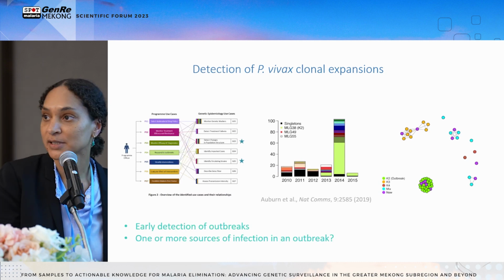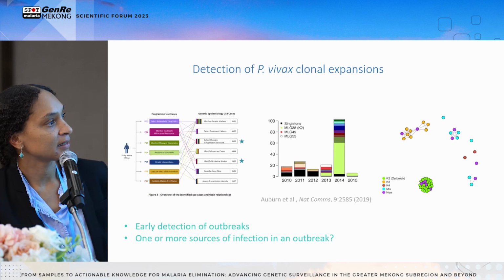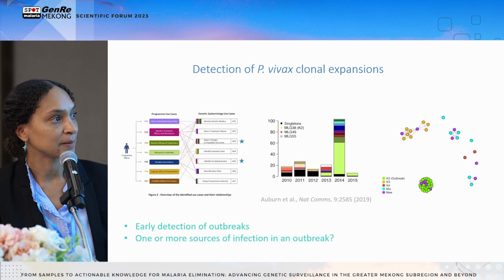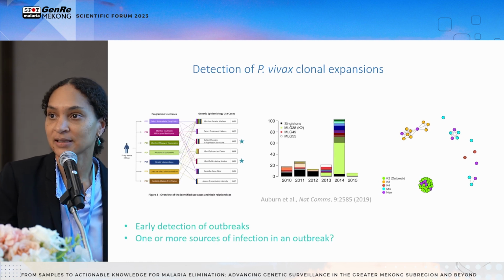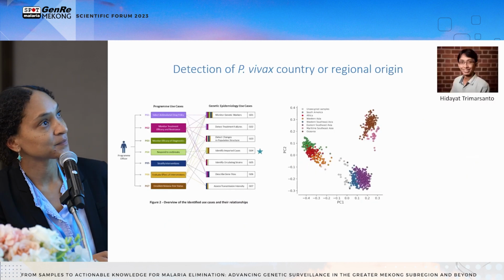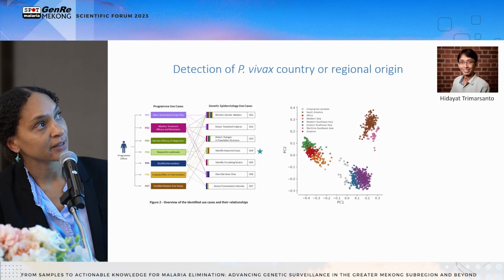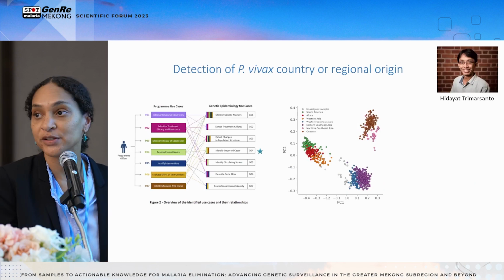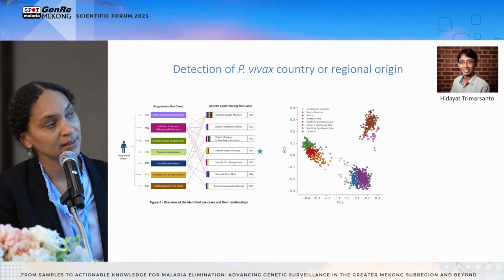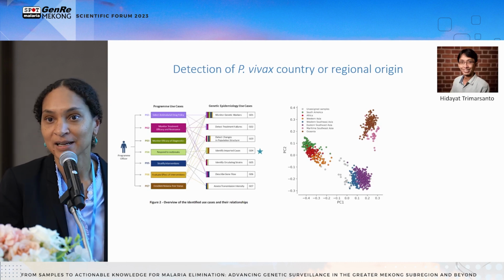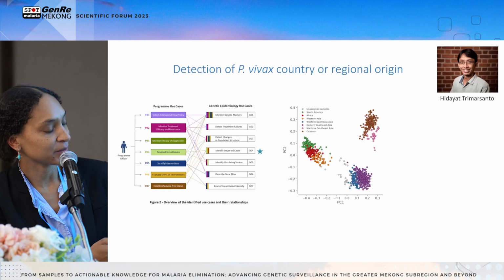So that's really promising for early detection of outbreaks, and maybe also for determining when you have an outbreak, is there one or more source of infection? We also see that the markers have good geographic discrimination, so might be useful for looking at imported cases. And I'm keen to hear more from Tessa's talk about other things we might do in this space.